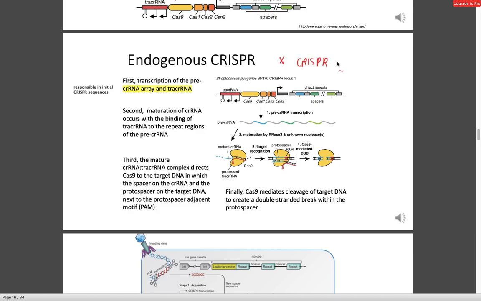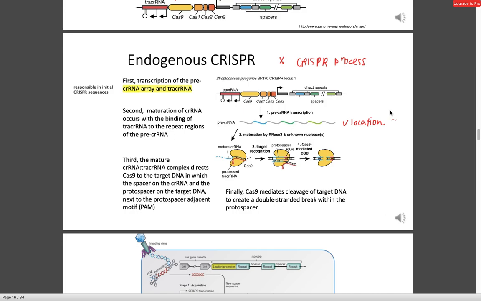So third, the cRNA complex directs Cas9 to the target, in which the spacer of the cRNA and the protospacer of the target is next to the protospacer adjacent motif. So this one is too much, I'm afraid. Later I'll give you a video, it'll be easier for you to see.